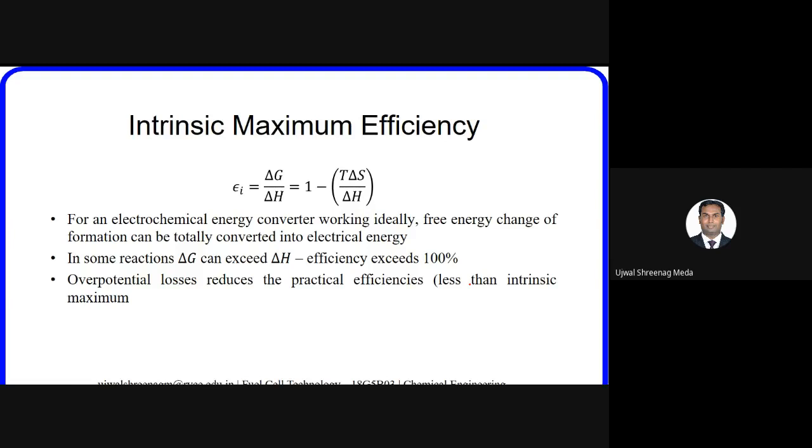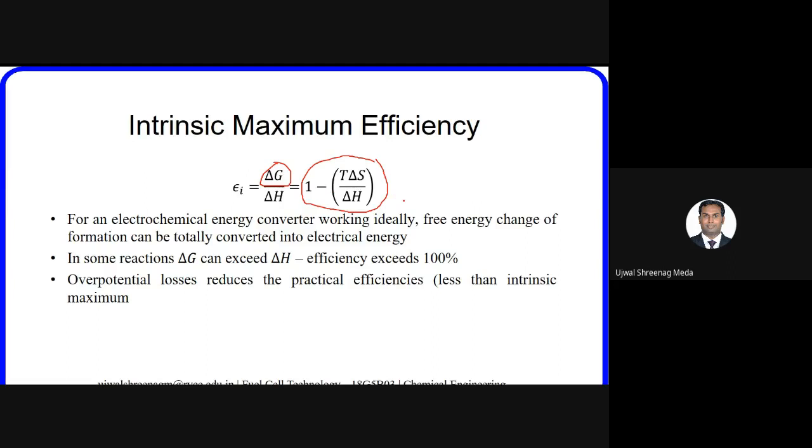So in the equation, if we replace delta G with delta H minus T delta S, we get this form. How did we get this? This part, delta G, was replaced with delta H minus T delta S. So in that case, we get this equation.